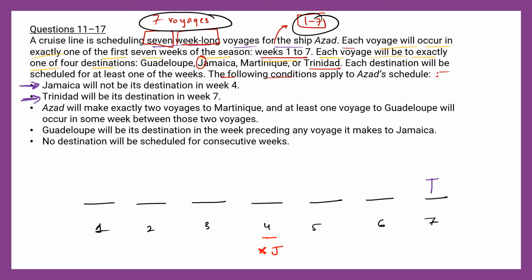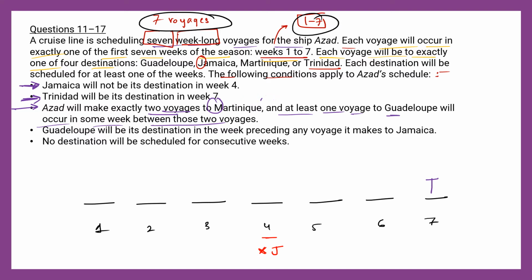Then it says that A will make 2 voyages to M, and at least 1 voyage to G will occur in some week between those 2 voyages. So what that means is that it doesn't tell you when, it doesn't give you week 1, 2, 3, it doesn't tell you that.